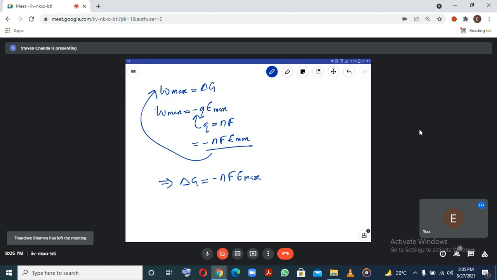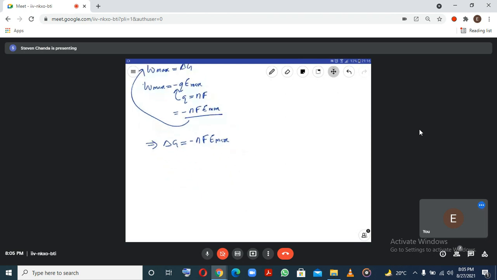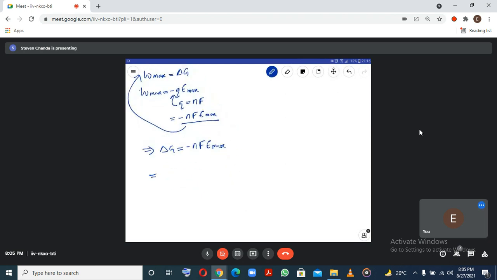So now under standard conditions, where you just put those tiny zeros as superscripts, this is what you use.